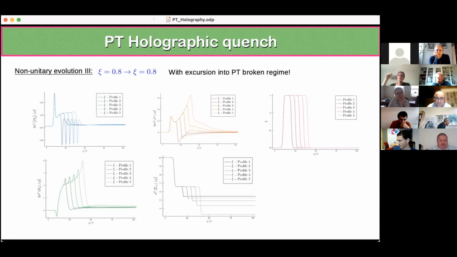This limiting value which you can reach might depend on how fast you run into the PT broken regime and several other things. It seems to us from the simulations we did that there is not a universal value; it depends on how fast you run into it. Okay, makes sense. Thanks.